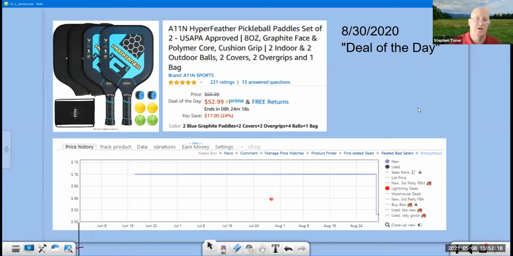Here is an example that I took off of Amazon. It just happened to come from August of 2020, and it was the daily special where they were advertising some pickleball paddles. Notice the regular price that's been crossed off is $70, and the special price, rounding off, is $53. They're saying you're saving $17, which is a 24% saving.